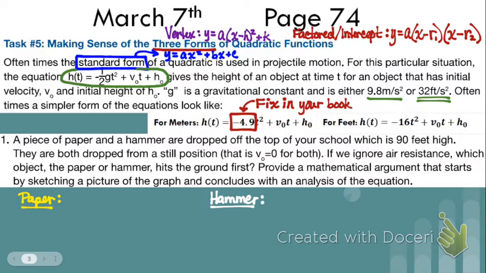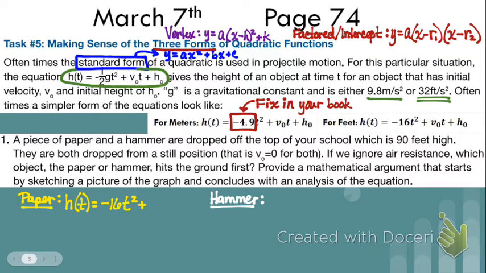So for the paper, the height at any given time, so h of t, is equal to, how's this going to start? -16 t squared, because I'm doing it for any time, plus what? Velocity not, yep.